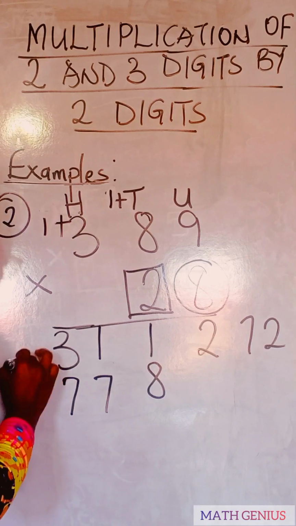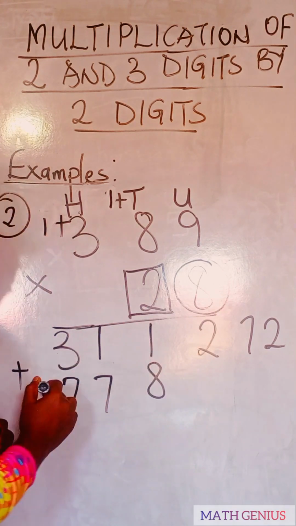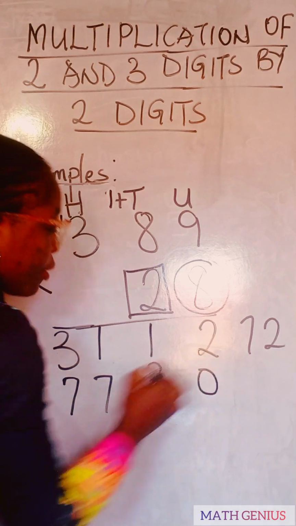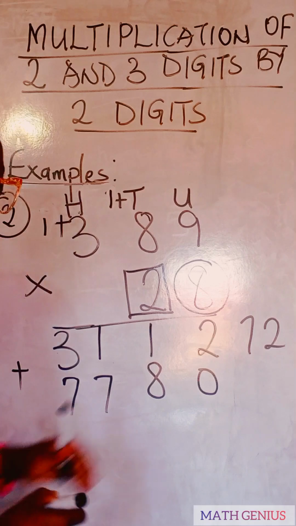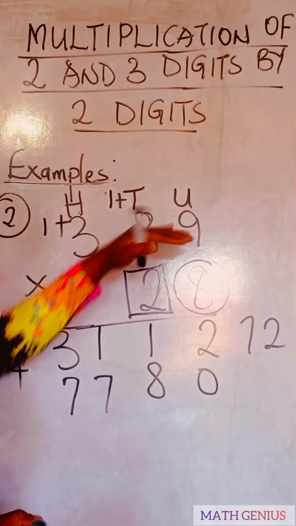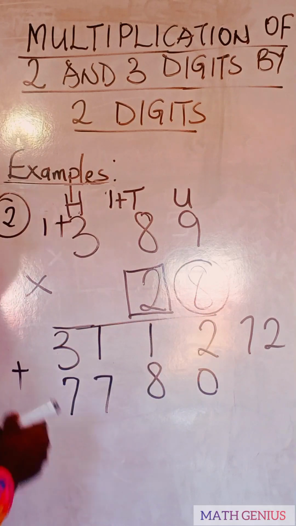At this point, we are going to add the value of the first result and the value of the second result. Like I said to you, you can put 0 here, just so you don't forget that there was a result under units when we multiplied. This 0 will make you remember to add this 2.